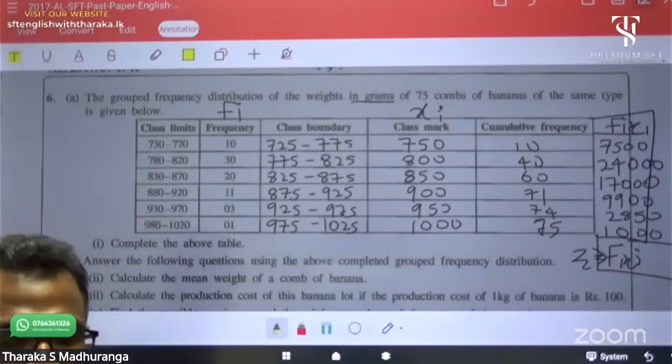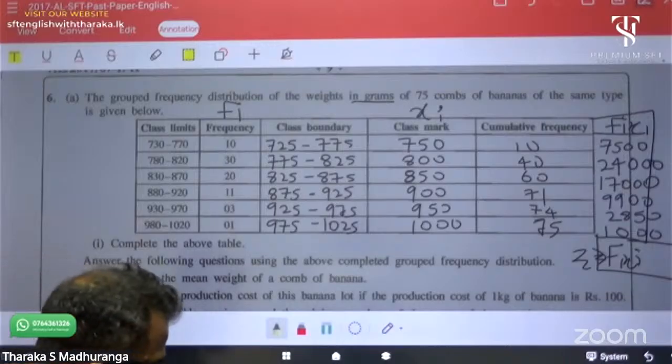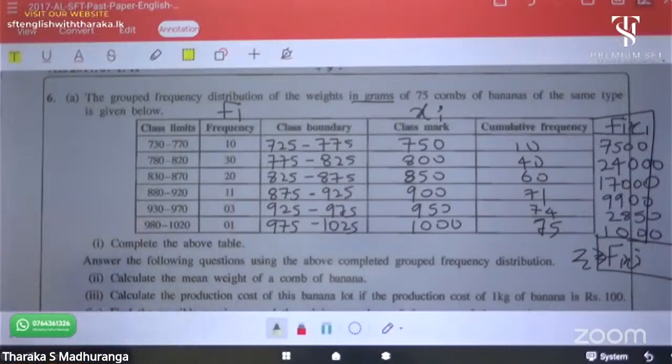Okay, what is sigma fixi? Quickly, we don't have time.